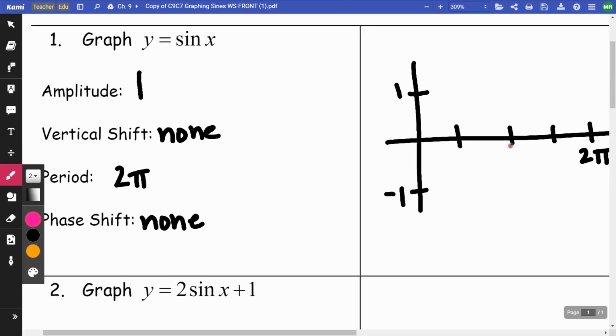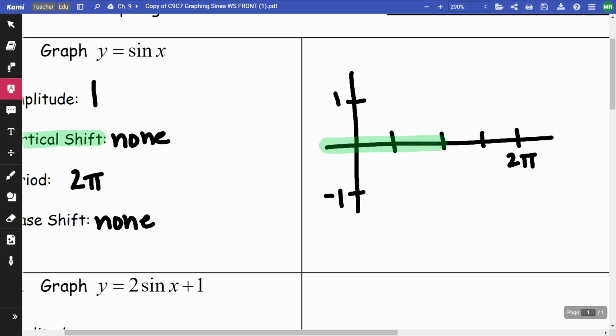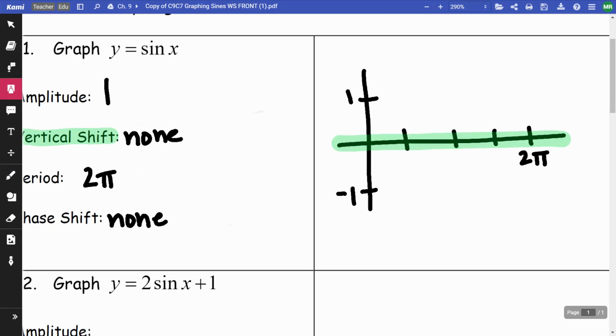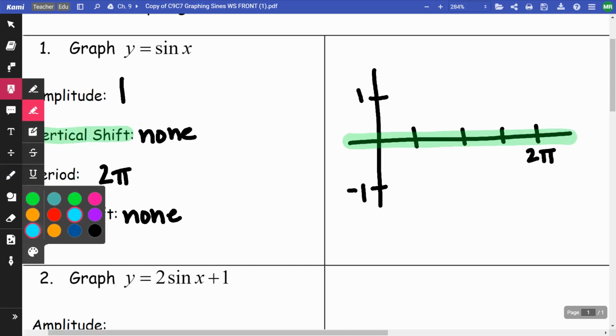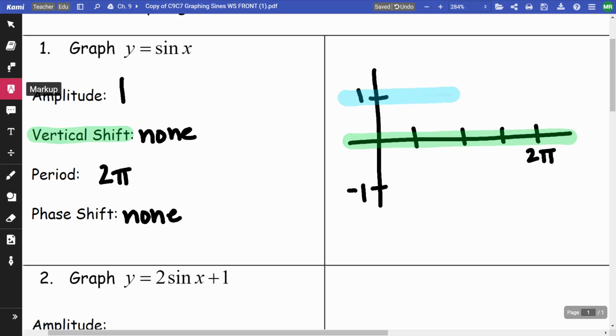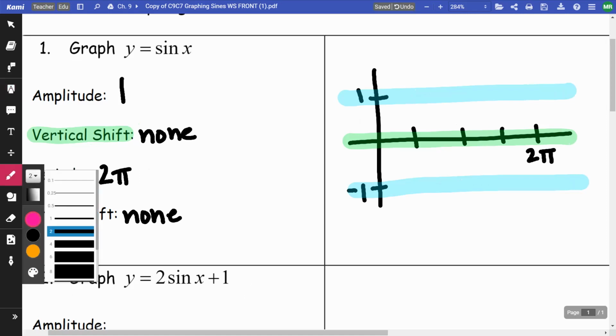So in this situation, I like to draw in for myself where my vertical shift is, because that's where my zeros are going to be. And then my highs, which are going to be my 1s, and my lows, which are going to be -1. This is where my point should always be.